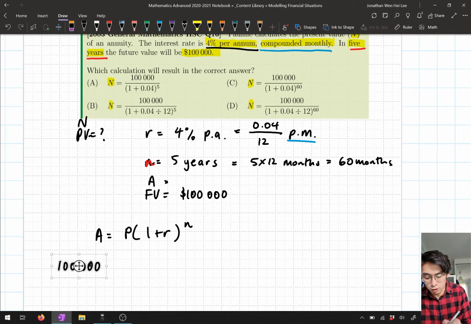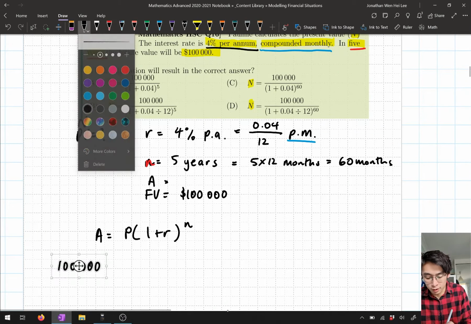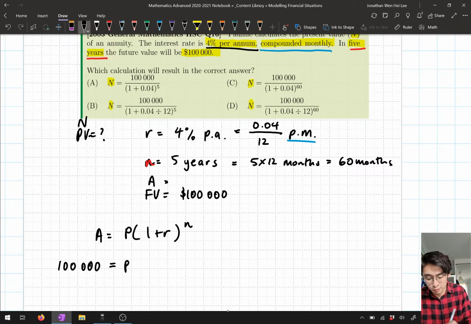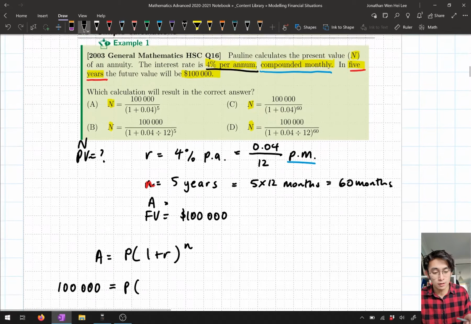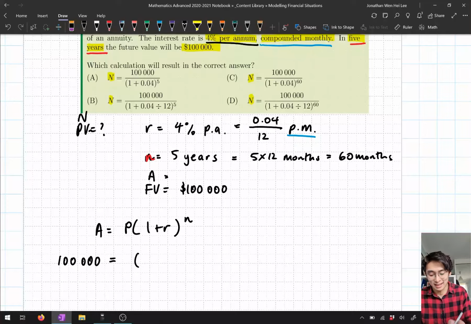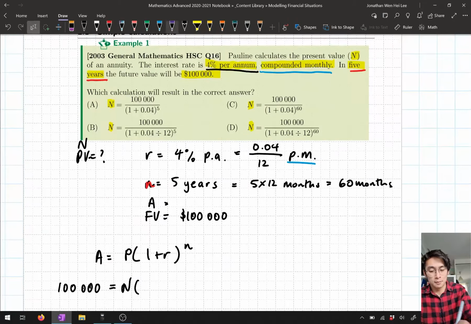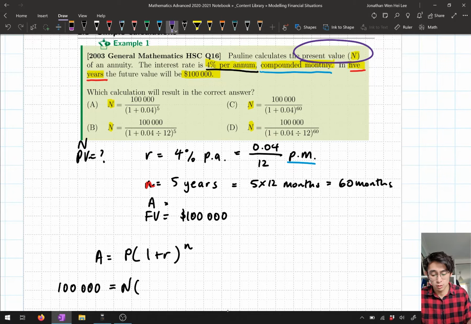And that's equal to, well, the first thing is, I don't know what the present value is. So I'm going to leave that there. So I'm going to put P. You could also write that as n if you would like for this particular question. And actually for this particular question, I'm going to write that as n because that's what they've noted here as the present value. I'm just going to write it as n just to match this question.